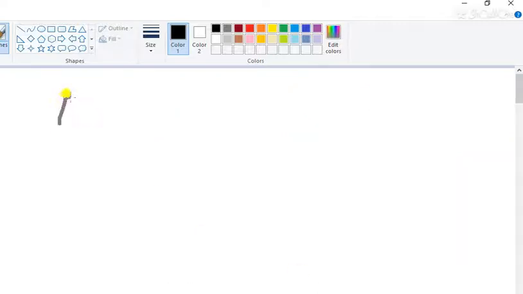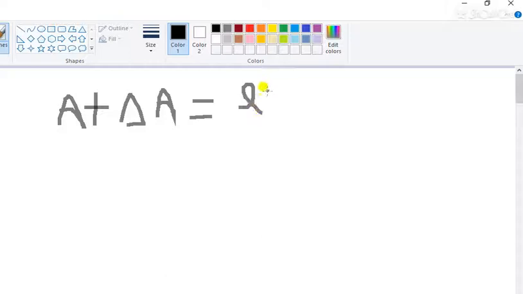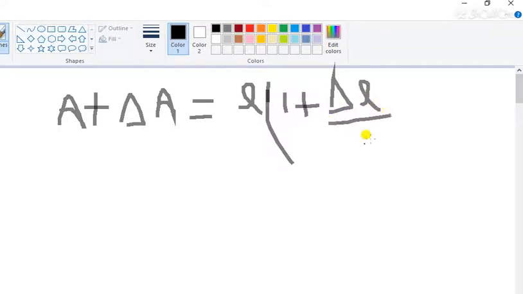So I am writing A plus delta A is equal to, if I take L common, then inside we will get 1 plus delta L by L. I hope this is clear.